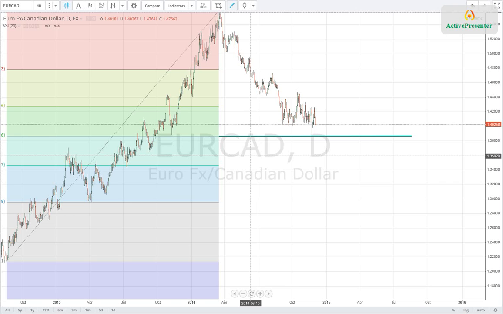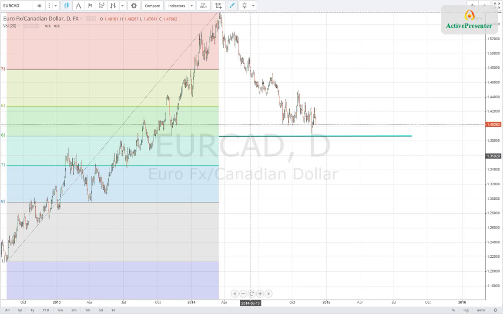So that quantitative easing would necessarily mean at least a temporary continuation of the downtrend for the euro. It may not be continuous, but at least for the next week or so, you could see the euro still struggling to catch up on the upward momentum.